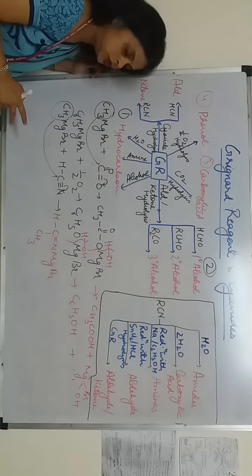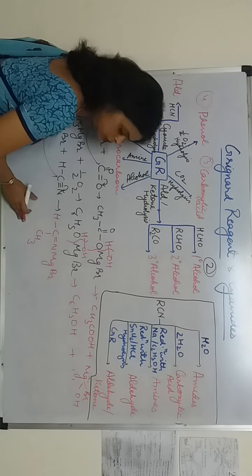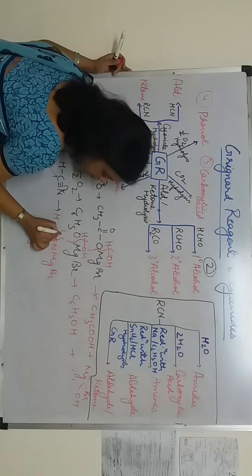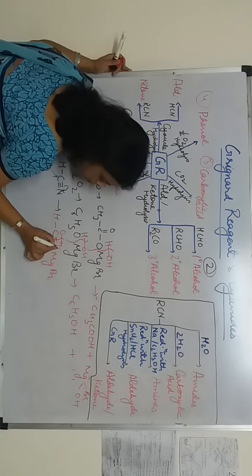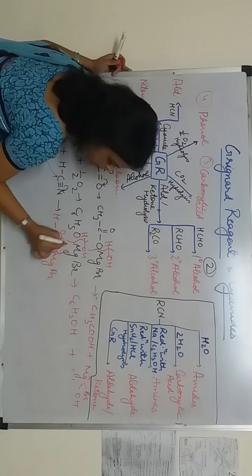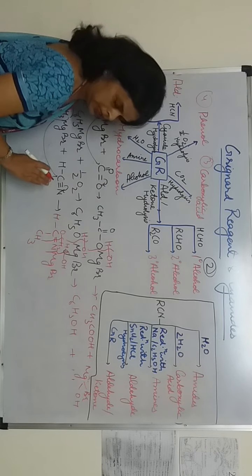Now here we will add two water molecules. Just watch carefully how we are adding the two water molecules. First we will write water in this way, OH2, and the second water molecule we are going to write in this way, HOH, as we were writing earlier also.